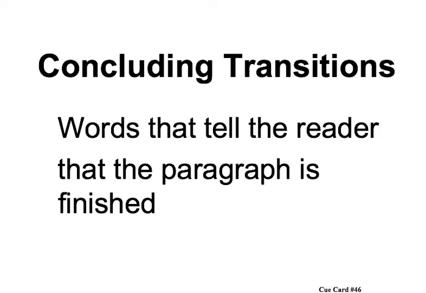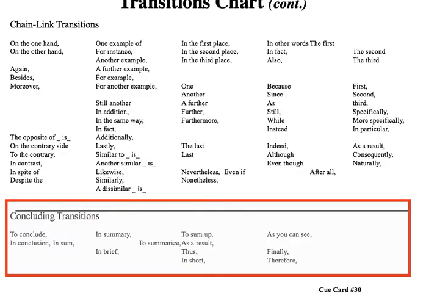So if you remember back to the transitions chart that you all highlighted using different colors, the very last section includes your concluding transitions. These are the transitions that you will use after you've used all of the other transitions to signal the reader that you're done with your paragraph.